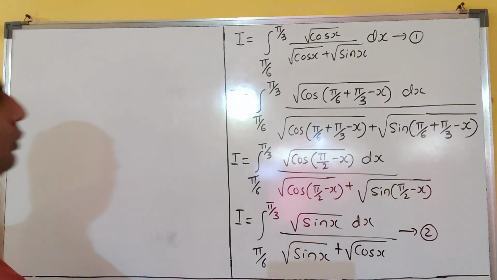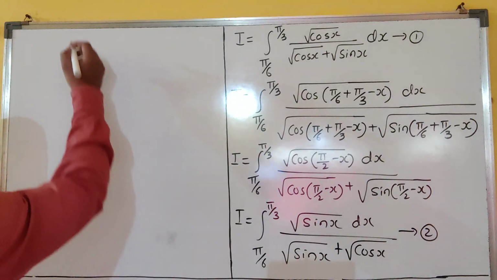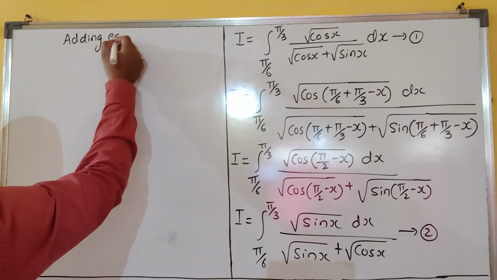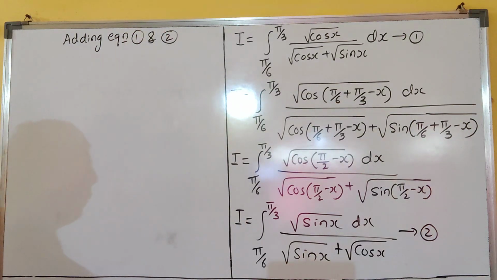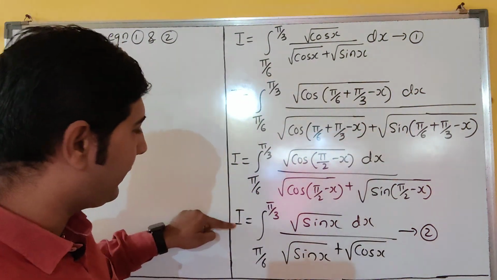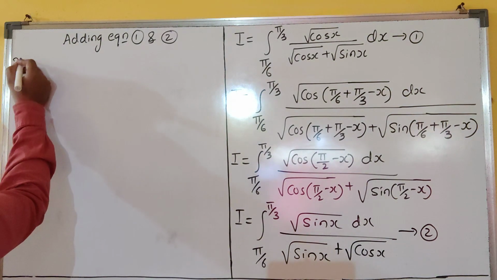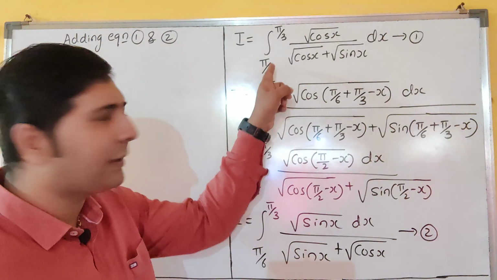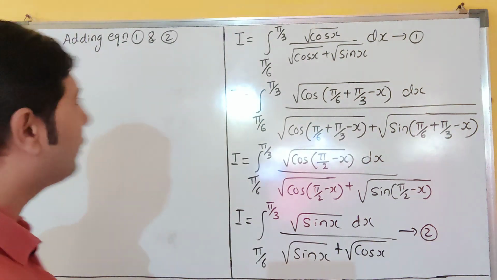So now, equation 1 and equation 2 you got. You add them both. Adding equation 1 and 2. On the LHS, I plus I is 2I. Both have the same integration, pi by 6 to pi by 3, so it is common.